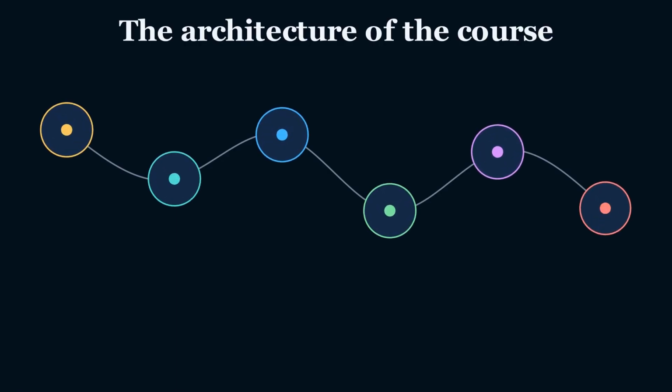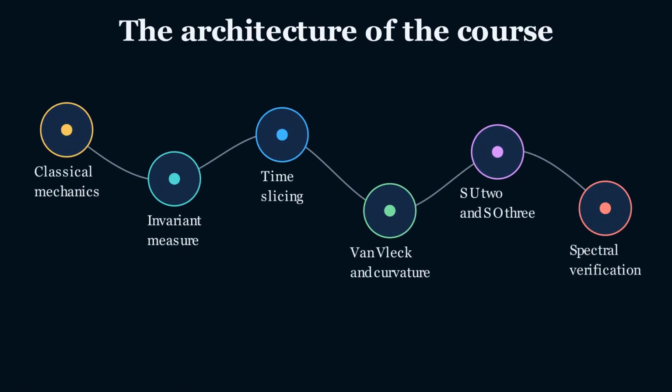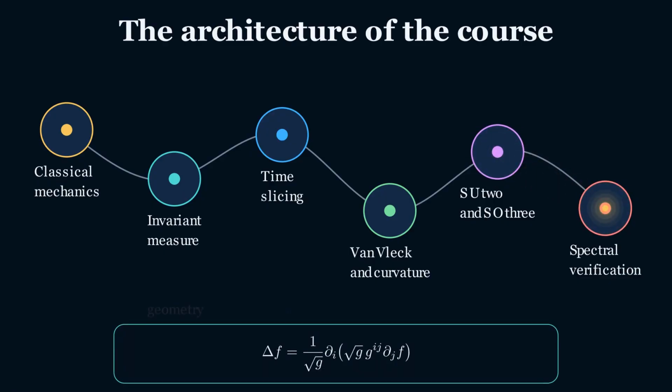The development follows a deliberate order. The first stage derives the classical mechanics. The next stage constructs the invariant volume element and the Laplace-Beltrami operator, ensuring that wave functions and quantum operators behave correctly under coordinate changes. This makes the operator ordering problem concrete rather than mysterious.